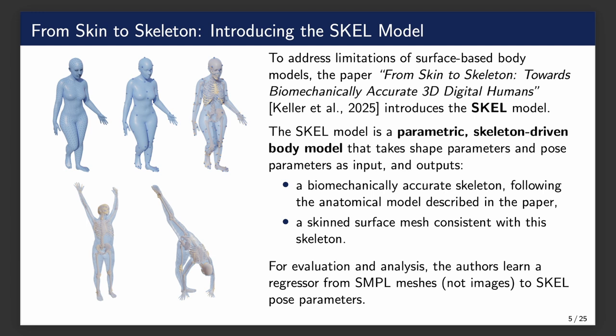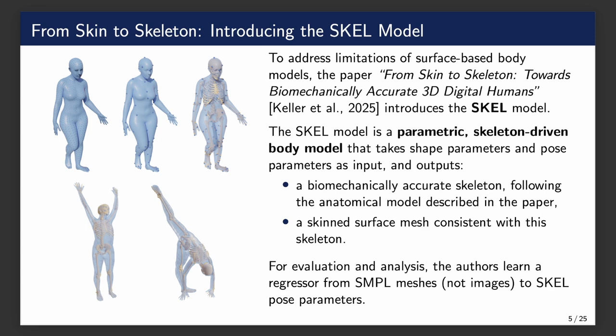But this model is actually a function that, given these parameters, gives back a skeleton which is biomechanically accurate. It follows a skeletal model that they introduced in this same paper, and a skin mesh that is consistent with the skeleton. In this paper, it is important to note that they also trained a regressor that is able to infer the parameters of the SKEL model from the SMPL mesh, not the images.